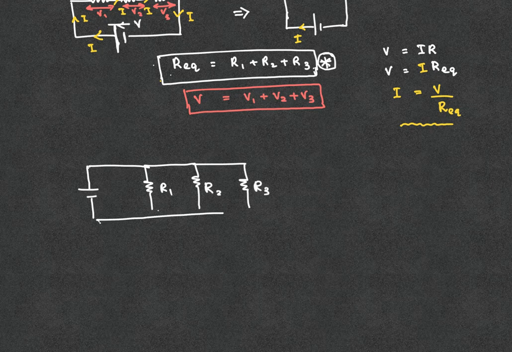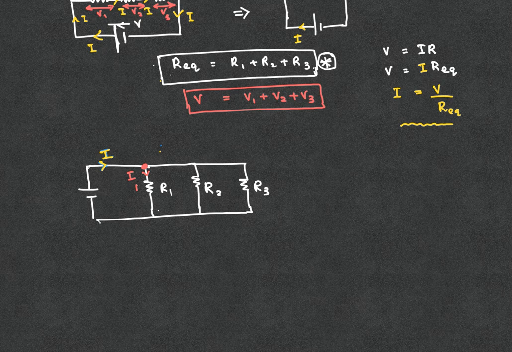I'm going to complete the circuit, and I am going to use the same color for the main circuit current I, and I am going to split the current at each branch.